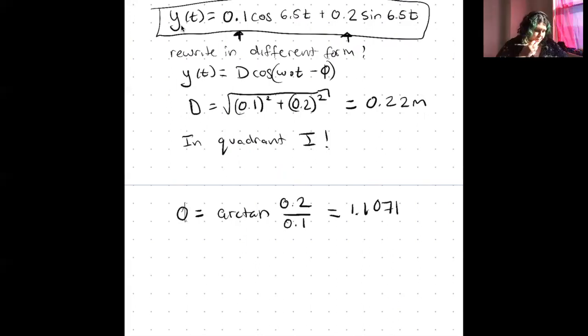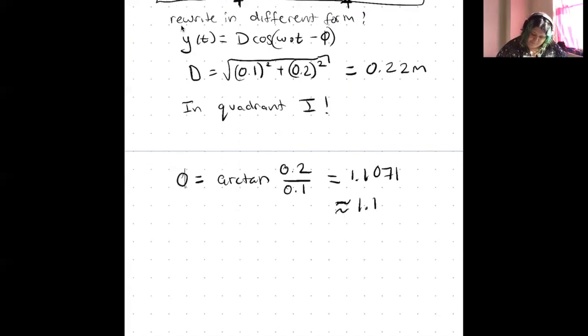It's not necessary to be that long, so let's just say 1.1. Our final solution is 0.22 cosine of omega naught, which we found at the beginning, 6.5t minus 1.1.